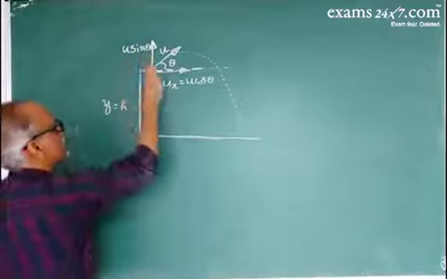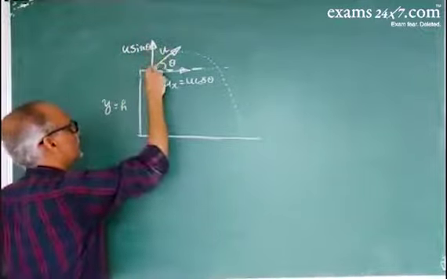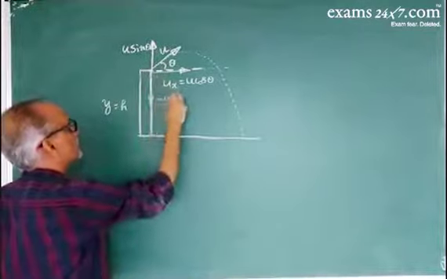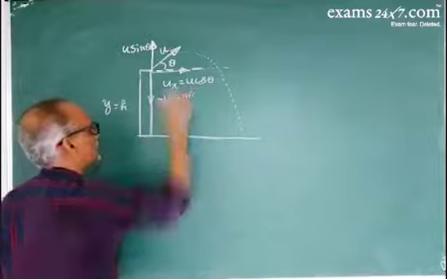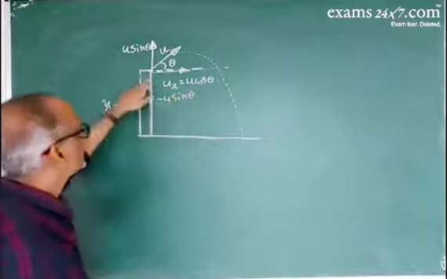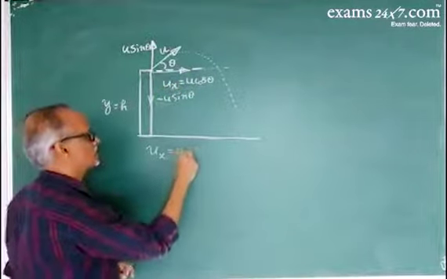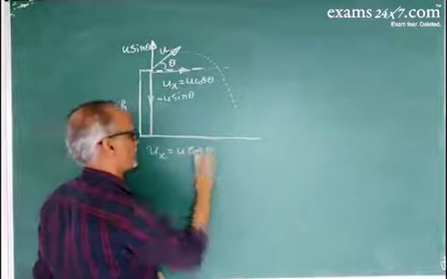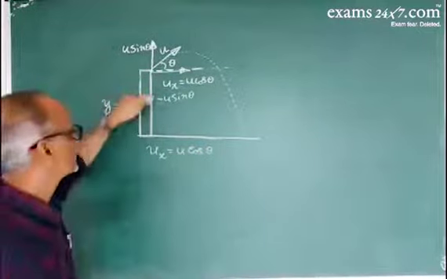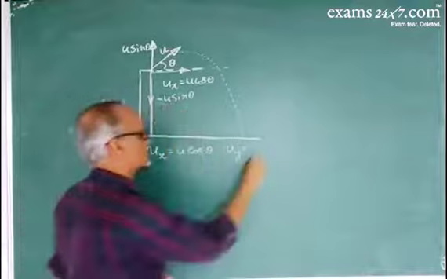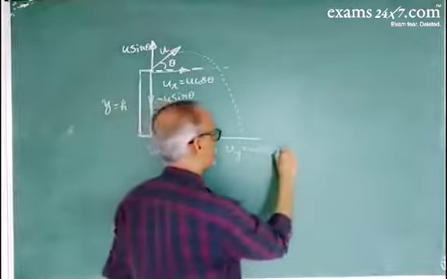If u sin theta is the upward vector, the opposite of it in the downward direction will be minus u sin theta. Therefore, the initial horizontal component ux is u cos theta, and the initial vertical component uy is minus u sin theta. So these are the initial values.